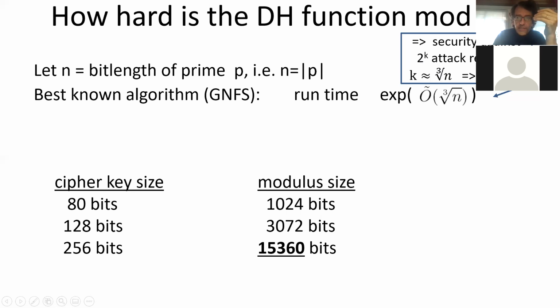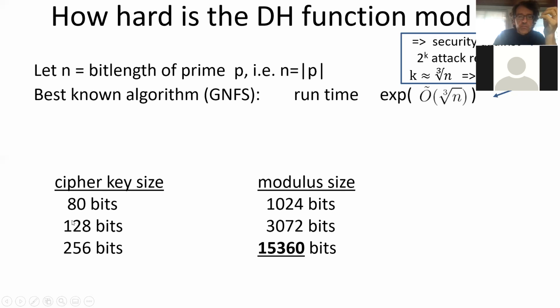So that means that n is like a cube power of the security parameter, right? If I want 80, what would be the cube power? It would be, I don't know, 512 with 3 zeros. So what is that? 500,000. Thankfully, I don't have a 500,000-long modulus, but that's because of the lower order terms and constants in here.